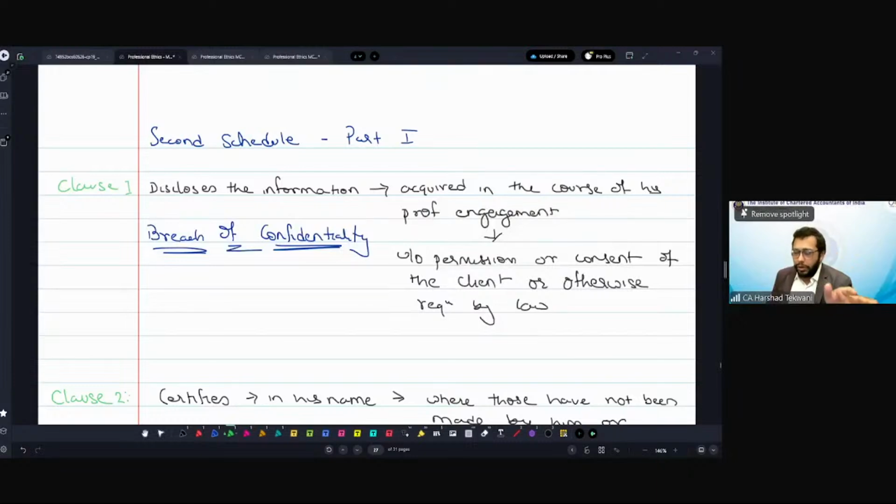If you do that, you will be held guilty of professional misconduct. That is for sure. Now blackmail or something, that is a different story. You may seek legal counsel or something like that. But as far as disclosing the information without consent is concerned, you will be held guilty of professional misconduct.